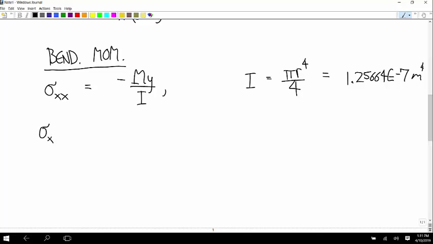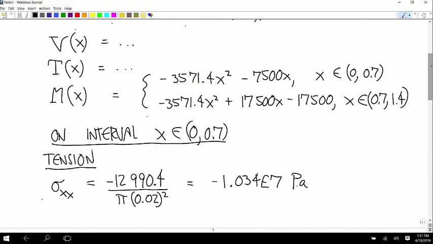And so the stress is, we have this function. We're taking the negative of My over I, so I'm just going to multiply the negative 1 through.